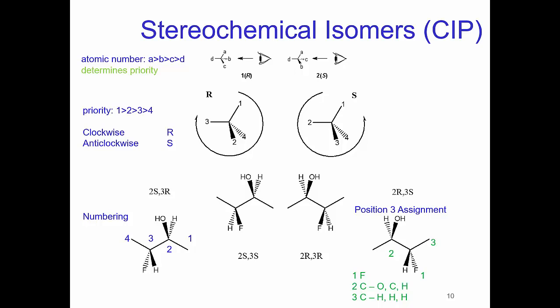So I think an easier way to do it is to consider that if the hydrogen is facing away from us, it's real easy. We just read it directly. We just go from 1 to 2 to 3 and say, is it going clockwise or counterclockwise?